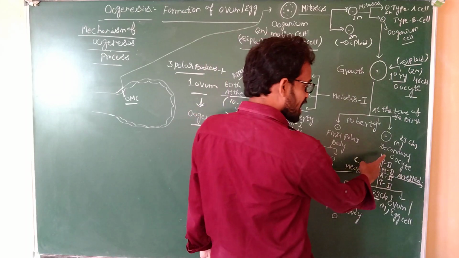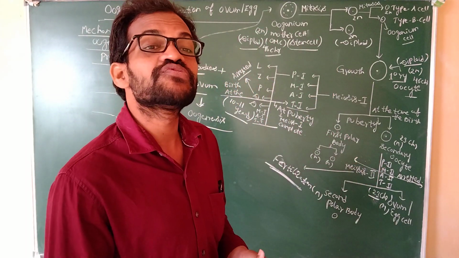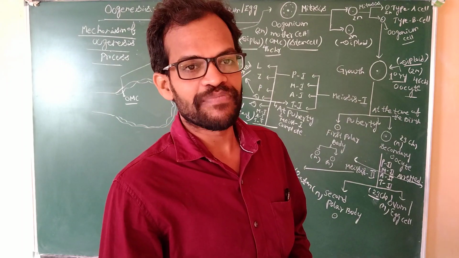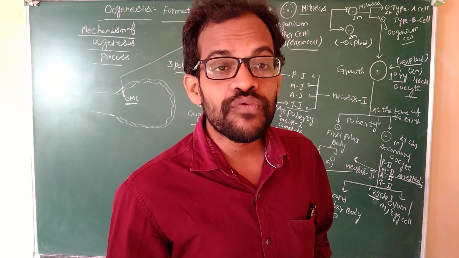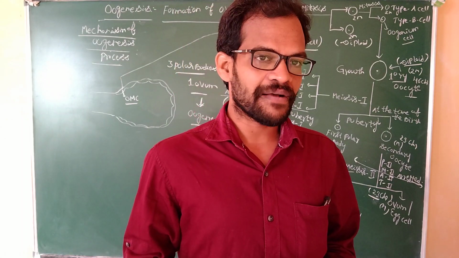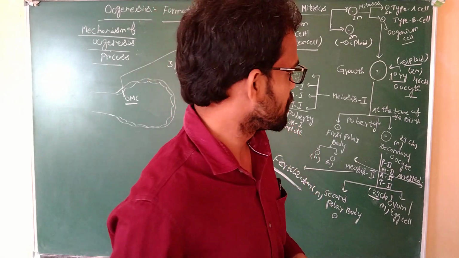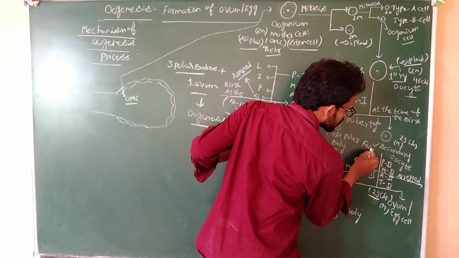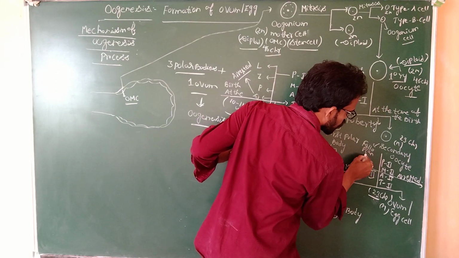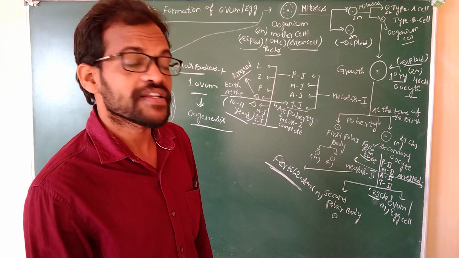See here, the secondary oocyte is picked up by the fimbriae and reaches the fallopian tube.